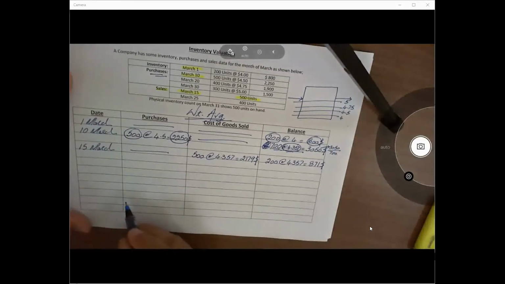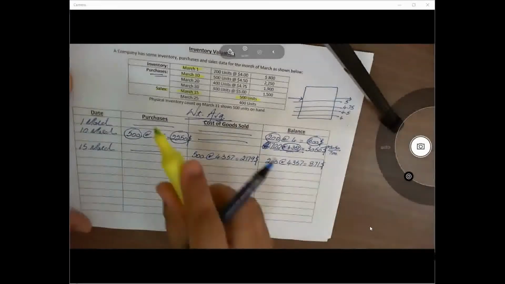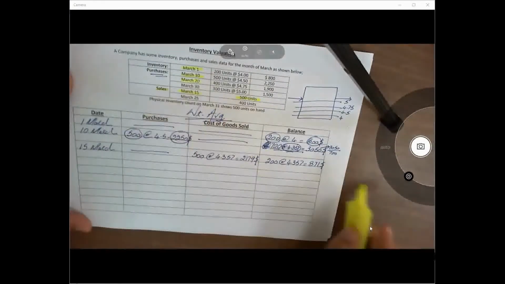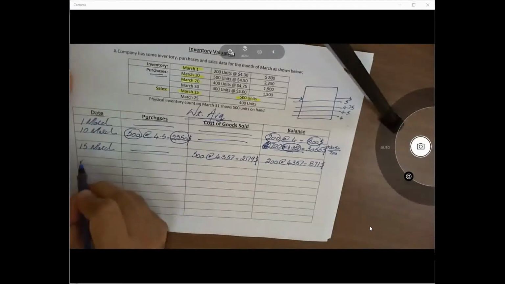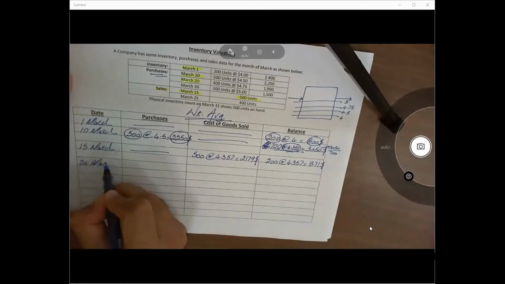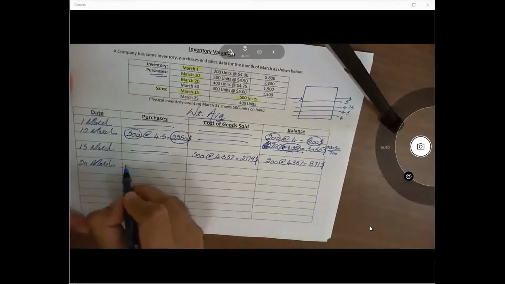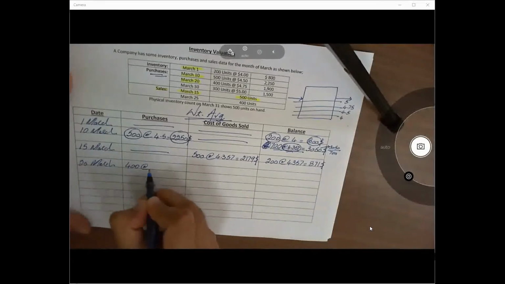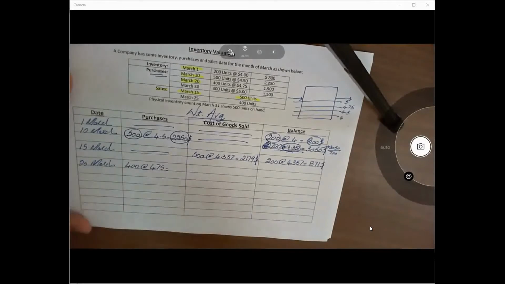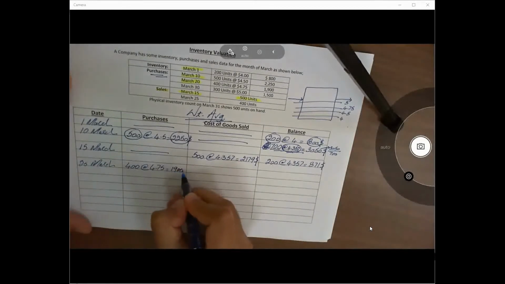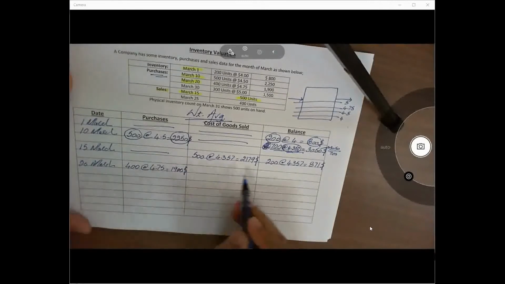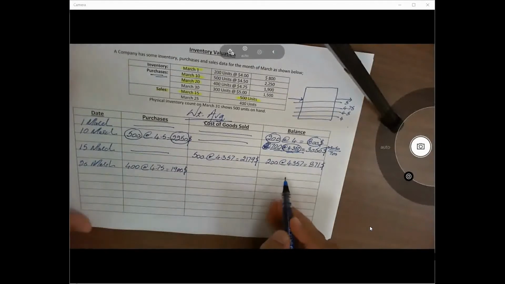Now again, after 15th of March, what is our next date? Our next date is 20th of March. So we will go to 20th of March. On 20th of March, we are purchasing 400 units at 4.75. So 400 times 4.75 is 1,900. Again, when we are going to write it in the balance, it will be cumulative.